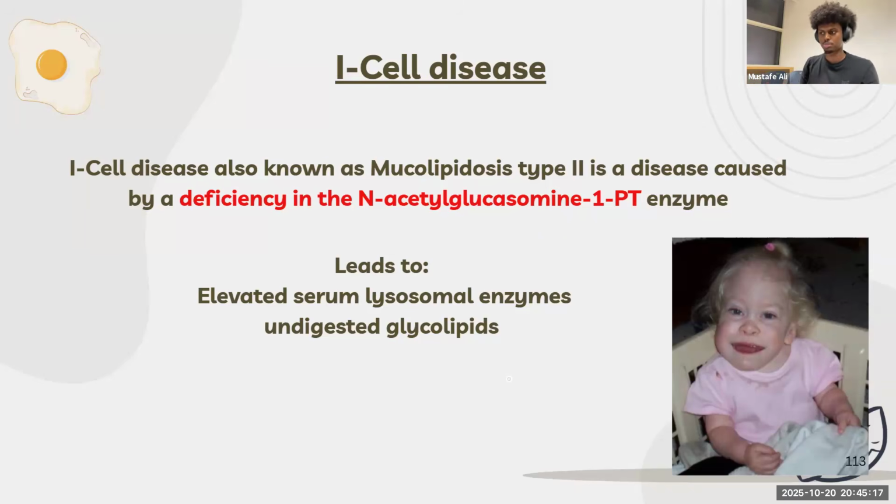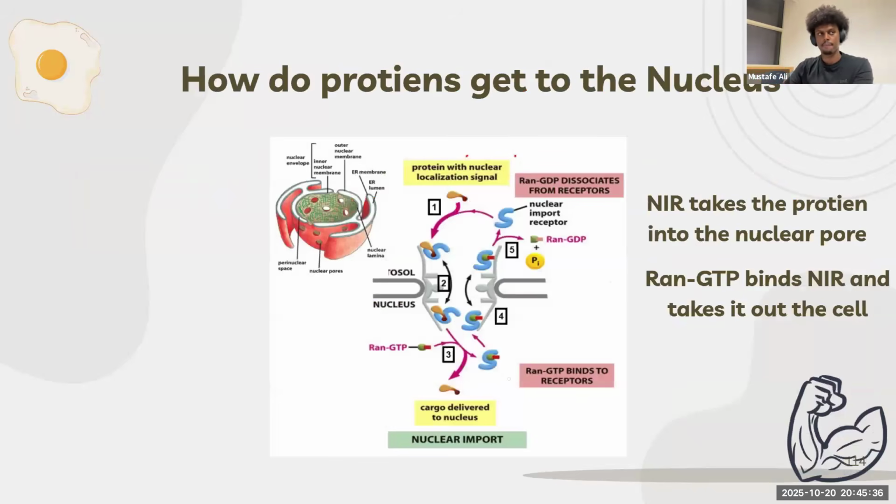And all this happens because N-acetylglucosamine 1 phosphotransferase is deficient and it's not doing its function. What's its function? It basically just phosphorylates the mannose group in the Golgi. And that's what happens in I-cell disease. I hope that made sense. Do I need to repeat anything, guys, or can we move on?